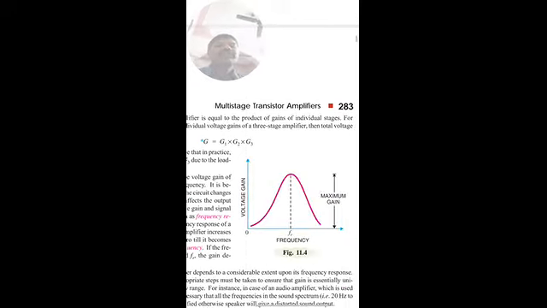The curve showing the variation of the gain with the signal frequency of an amplifier is known as frequency response.